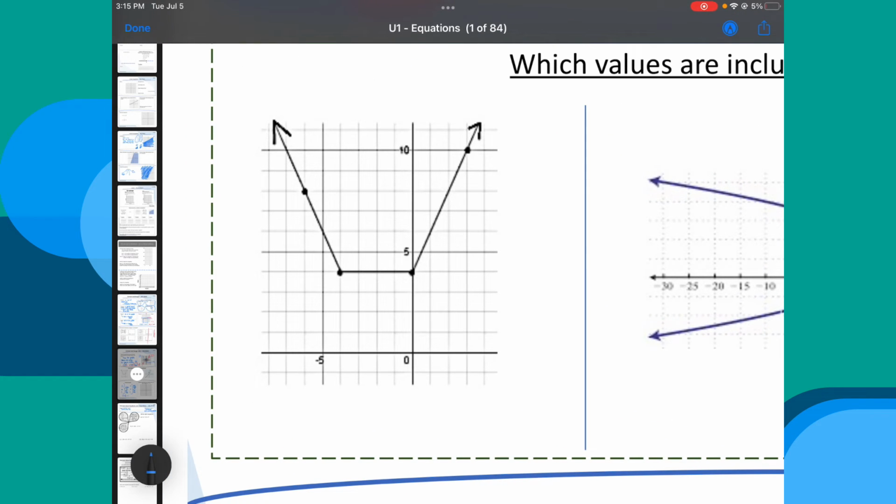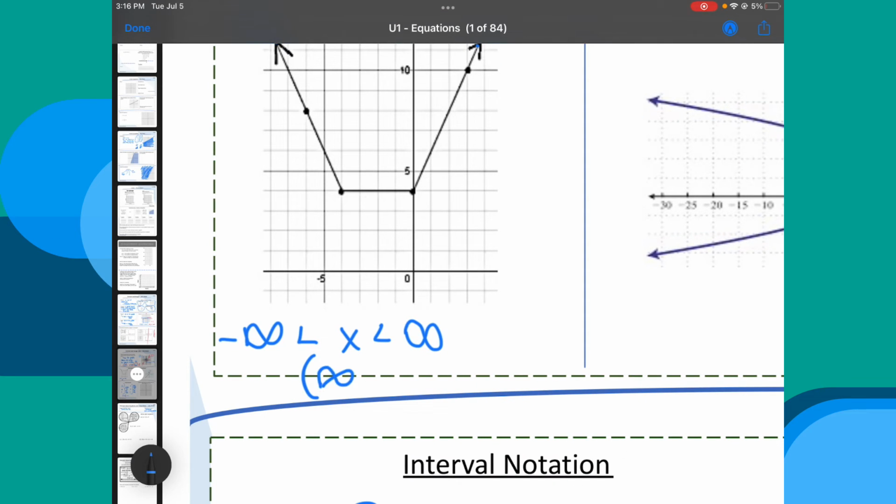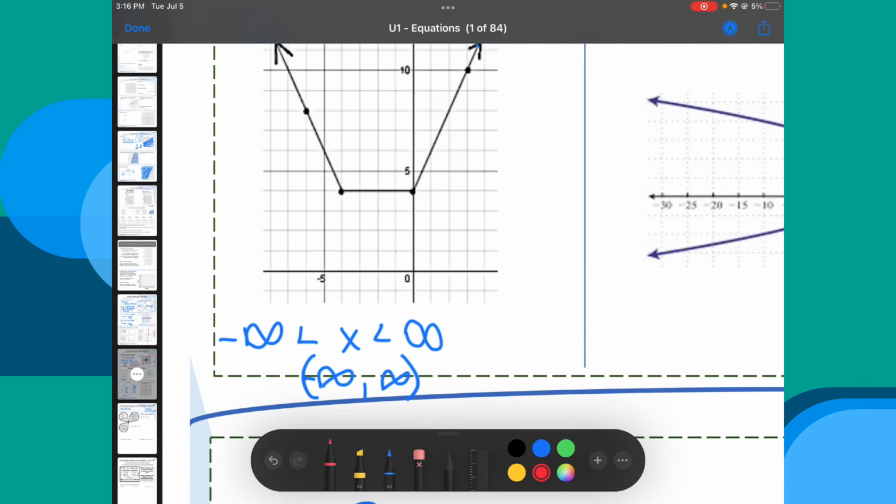So for a graph like this, we want to look at which direction we are going. So let's start with the x direction. We can see that the graph is getting wider and wider and wider to both the left and the right. So x is between our infinities. It's going to both negative infinity and positive infinity. We could either write it like that, or we could just use our parentheses and say we're going from negative infinity to positive infinity.